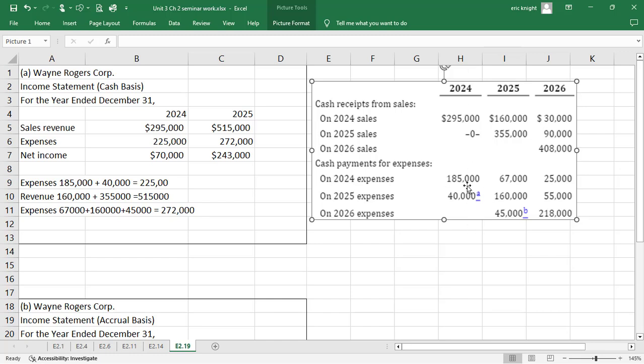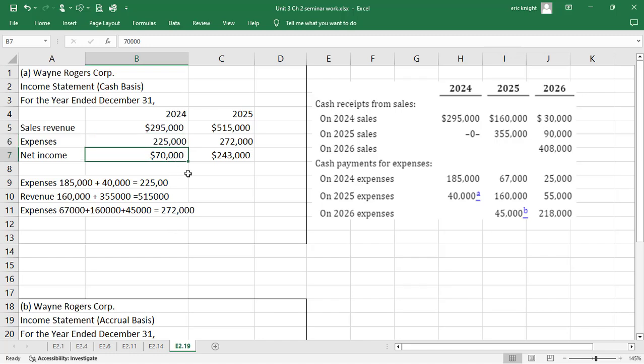So the 185 and the 40,000, it's going to give you 225, and that's how you do the income for the cash basis using this situation. The same for 2025. You take the revenue going vertically, add those two up, take the expenses, add those three up, and we get 272, and we get the profit.